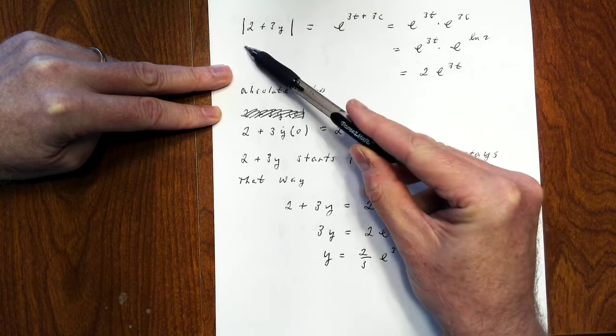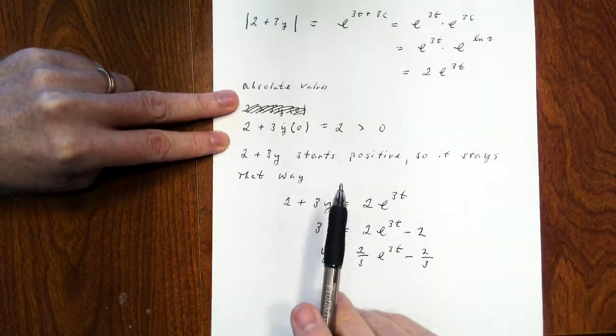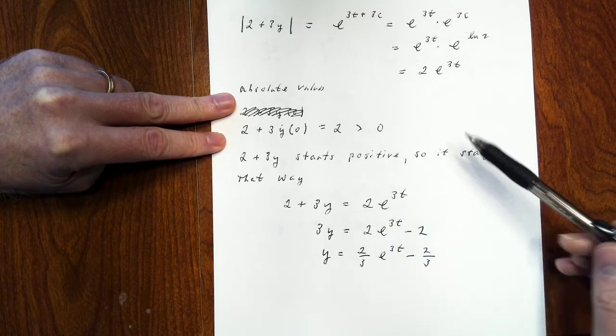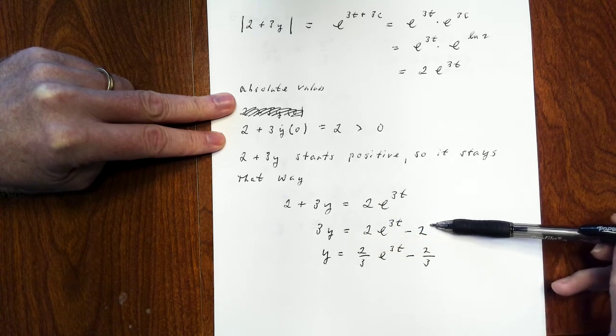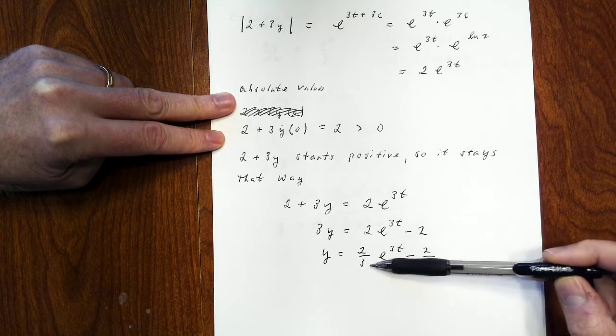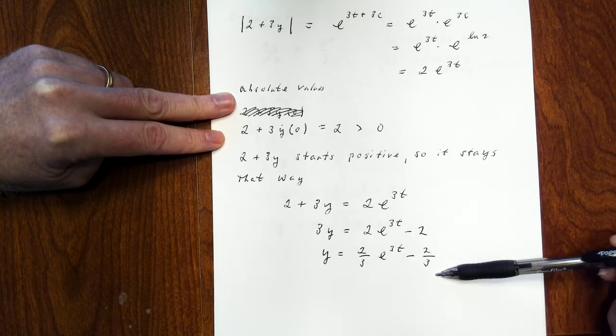That means I can drop the absolute values. So I have 2 plus 3y equals 2 e to the 3t. If I subtract 2 from each side and then divide by 3, I get my final solution. y equals 2/3 e to the 3t minus 2/3.